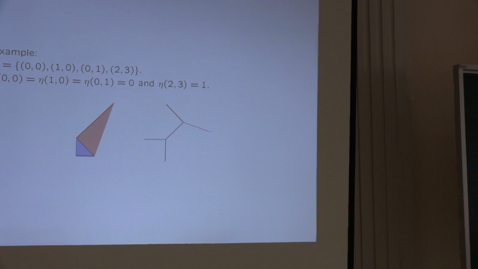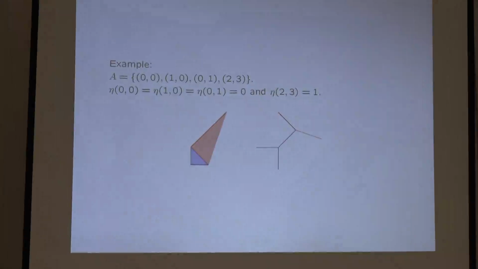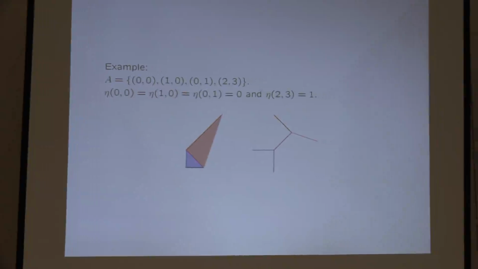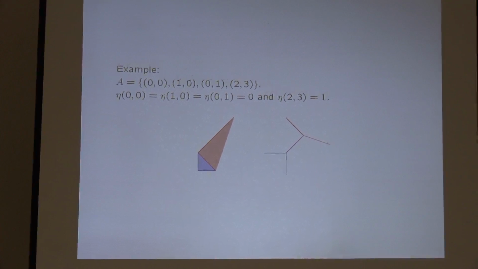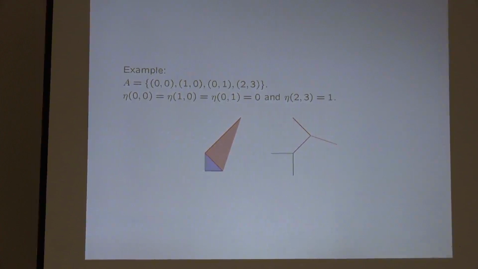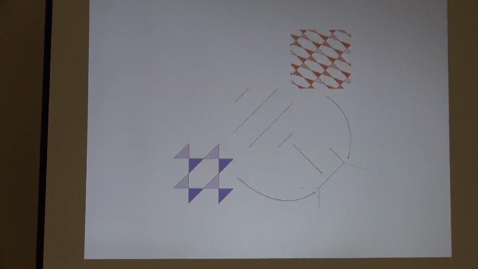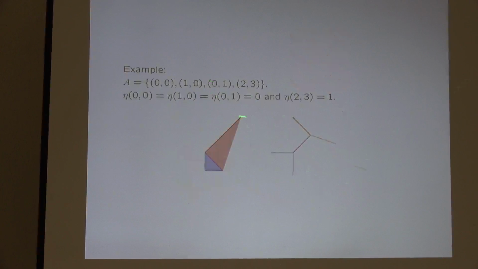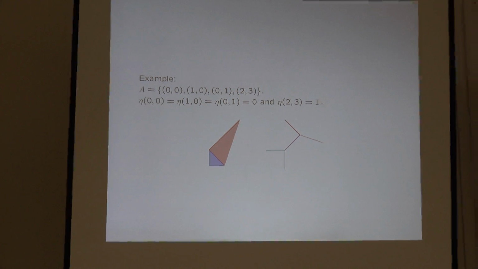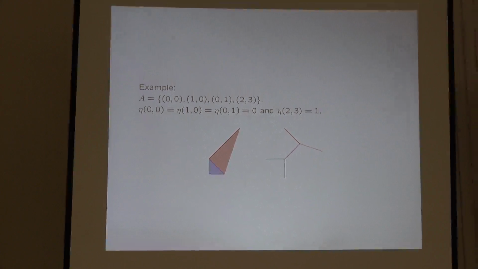So this is my set A. I look at the points: the origin, (2, 0), (1, 1), (0, 1), and (2, 3). That's this point (2, 3). And the function I chose, eta, is 0 everywhere except at this point.